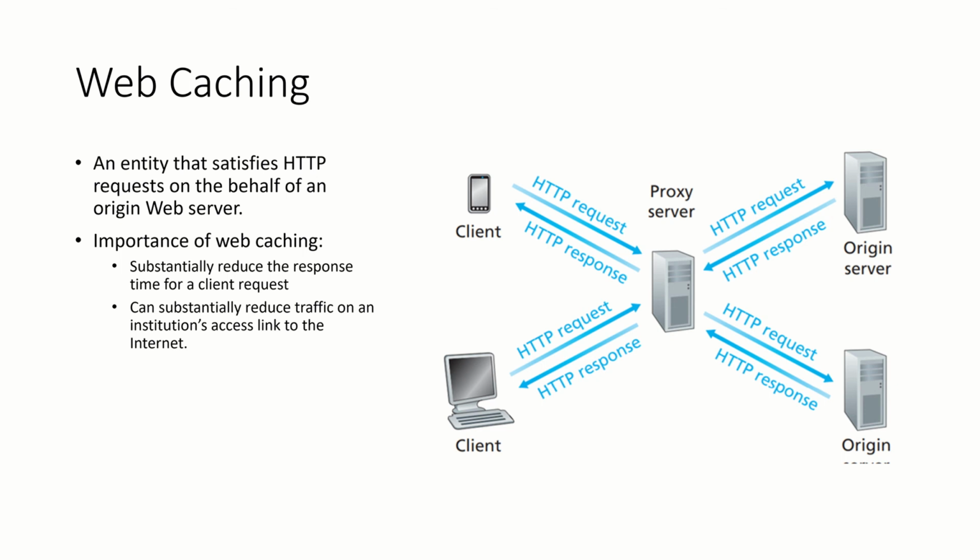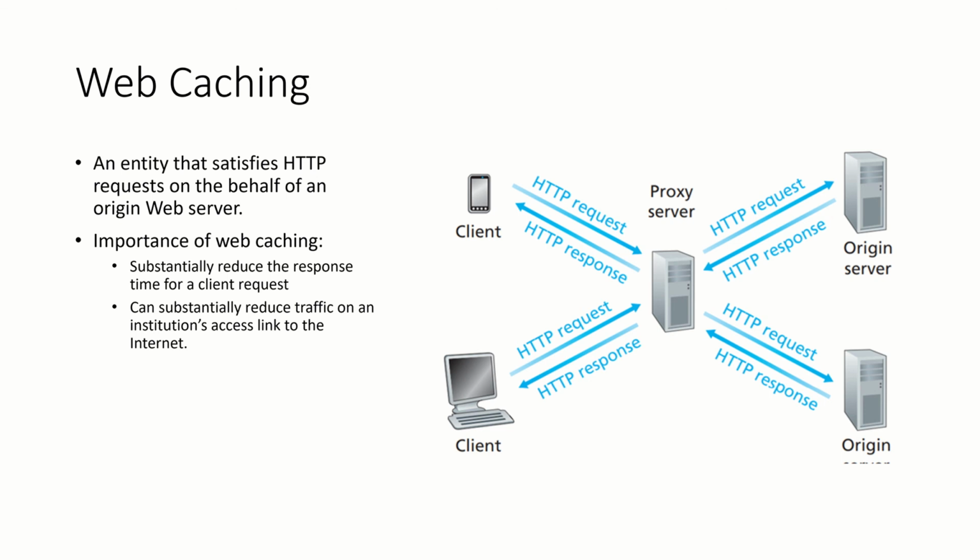For step three, if the web cache does not have the object, the web cache opens a TCP connection to the origin server. The web cache then sends an HTTP request for the object into the cache-to-server TCP connection.